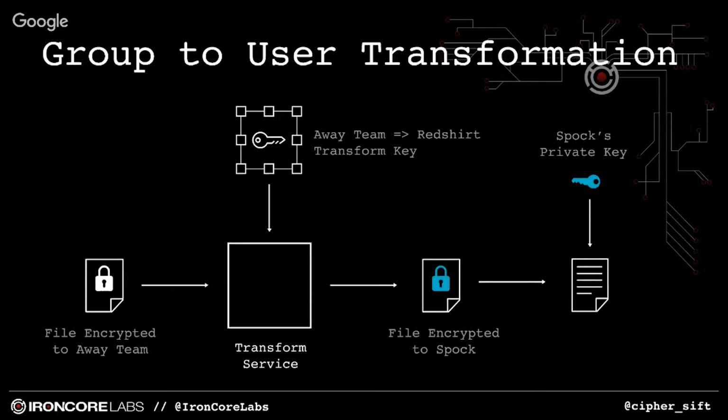I have access to the encrypted document itself. I make a request to the transform service to transform that document to me. That file is then transformed to the individual user, basically putting a new name on the shell of the M&M, right? And then Spock can decrypt that with his private key. Yeah?